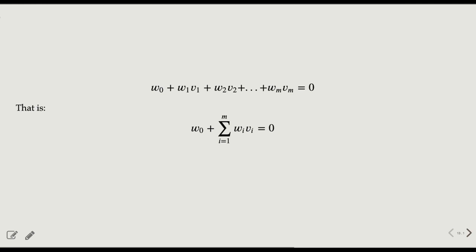And M is simply the number of variables out there, or number of dimensions that you have in the data space. So this is a simple linear combination, the weighted sum of the variable values.